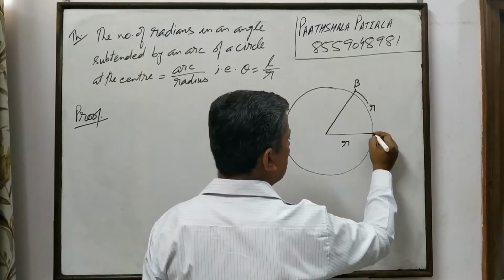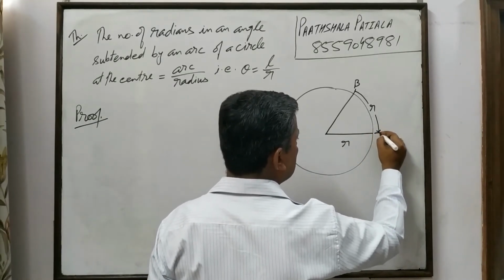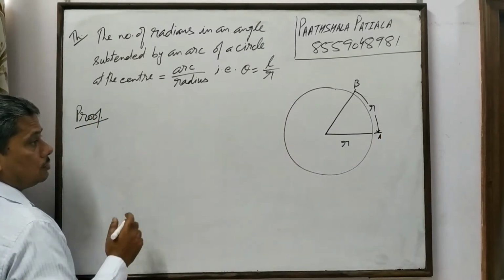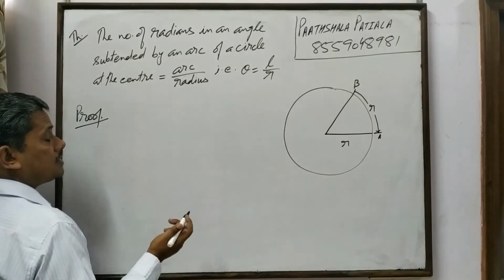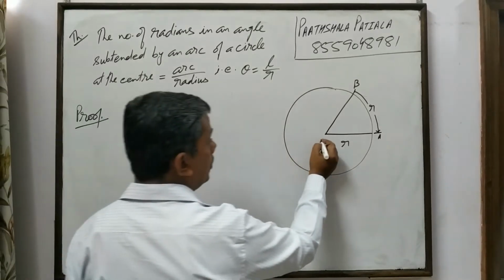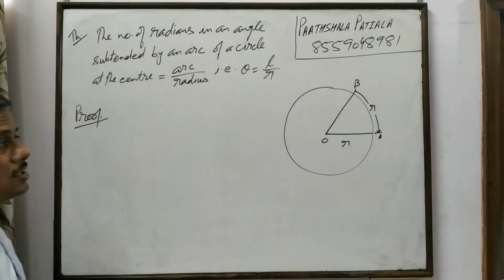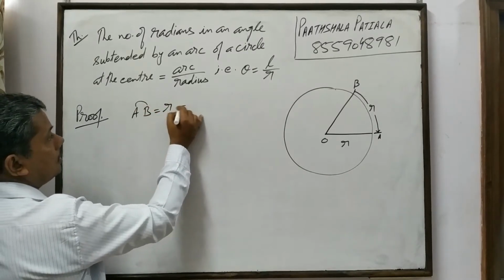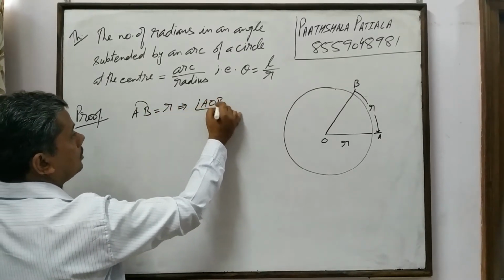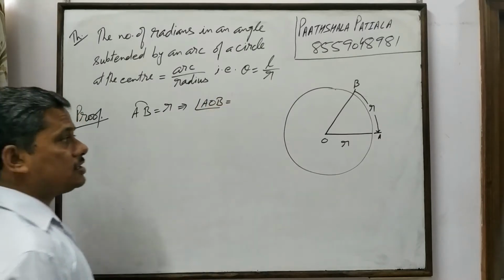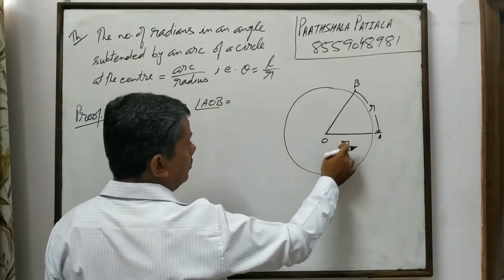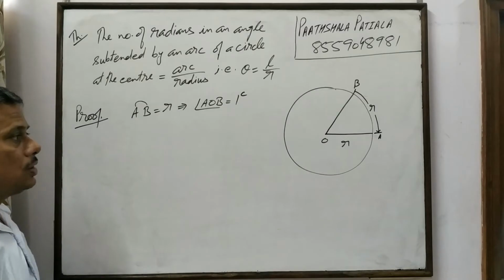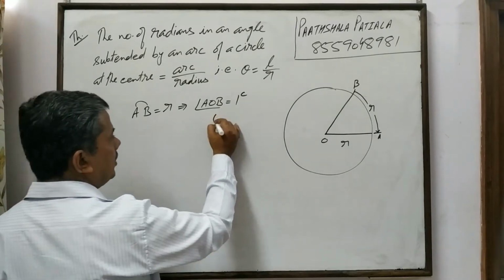So the length of arc AB is equal to R. Now by definition, an arc whose length is equal to the radius subtends an angle of 1 radian at the center of the circle. So angle AOB is equal to 1 radian by definition.